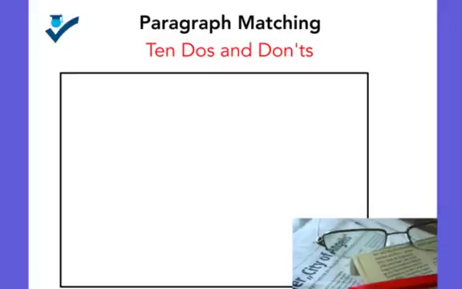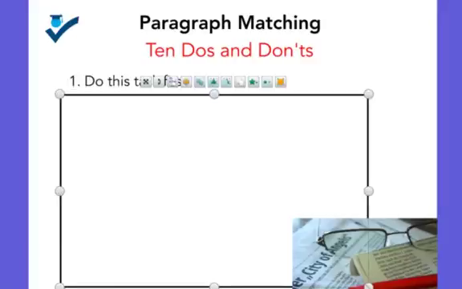Anyway, 10 do's and don'ts. First of all, if you find that this is a struggle for you, do this task first. Get that out of the way. If this happens to be an issue for you when you do the IELTS reading practice, in the real test, do this one first. Get that out of the way. Do the easier ones later on.